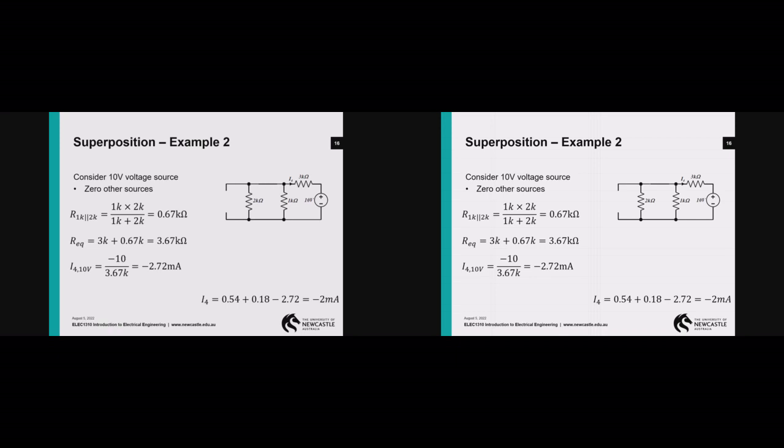I can bounce around, and yes? So you're talking about a scenario where I might have a voltage source and a current source in series?